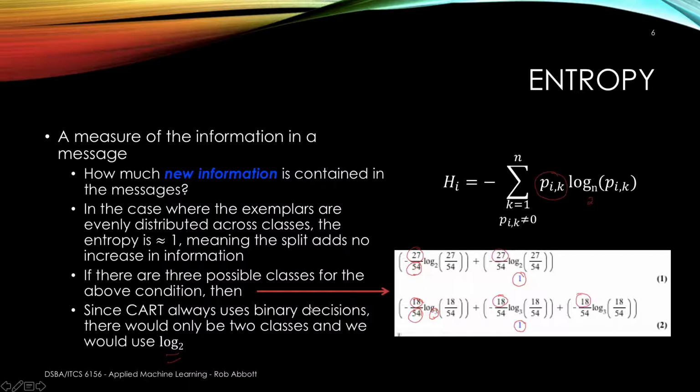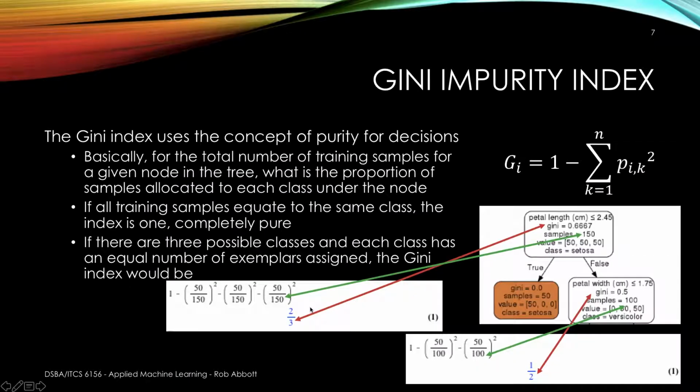So let's move on to the Gini impurity index. Here this is referred to as the Gini index, the Gini impurity index, Gini impurity, a number of different things. It's all the same thing. Basically what we're seeking to do at each split is to fit as many pure classes at each level of decision as possible.